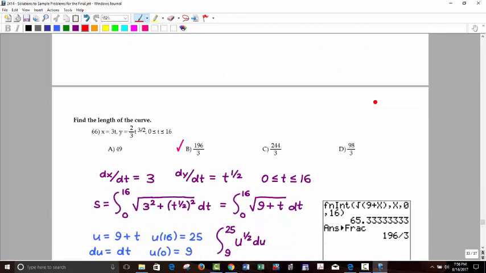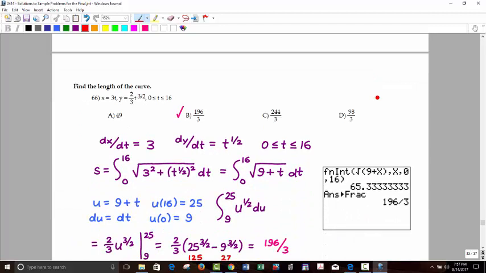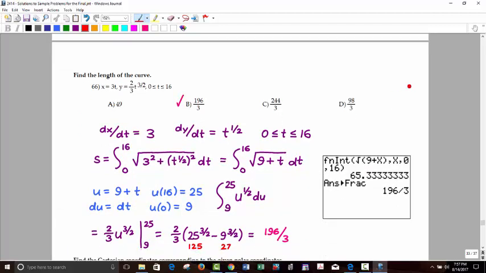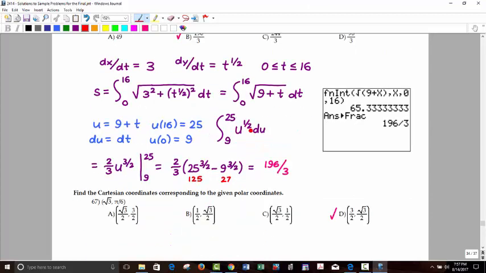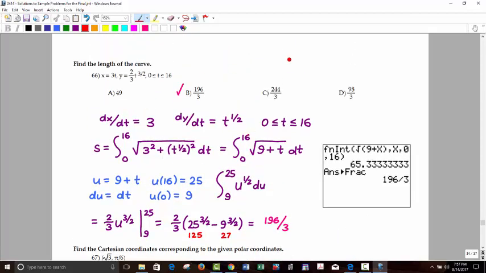Excellent. Number 66. Length of the curve. So we have a formula. It's on your formula sheet for arc length. It's the square root of dx/dt squared plus dy/dt squared.